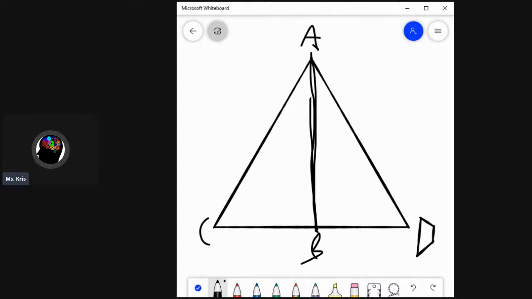Now you are given that AC is congruent to AD. You also are given that AB is perpendicular to CD. So that means you have right angles by definition.